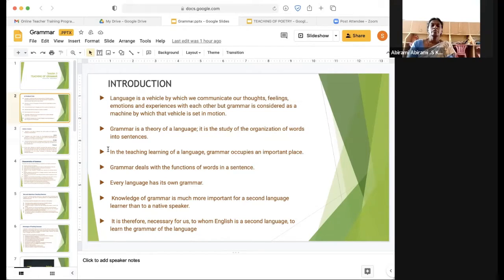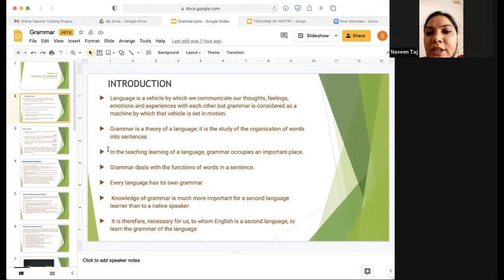Language is a vehicle by which we communicate our thoughts, feelings, emotions, and experiences with each other, but grammar is considered as a machine by which that vehicle is set in motion. Grammar is a theory of language. It is the study of the organization of words into sentences.